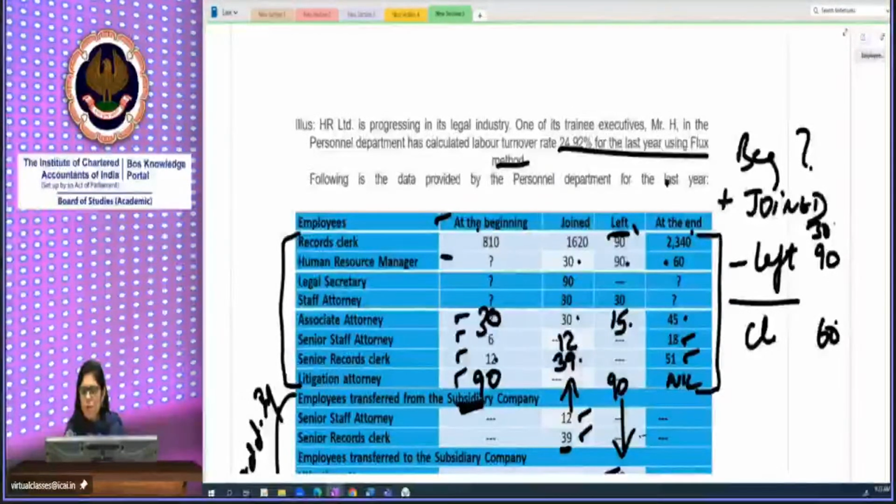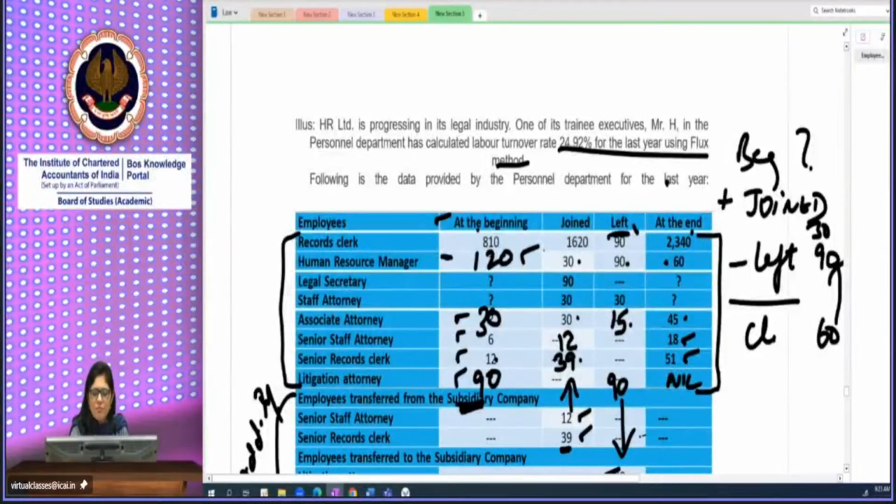So move from bottom to up. 60 plus 90 minus 30. How much does it come out to be for HRM? Again, 180, 150, 120. It has to be 120. So 120 plus 30 is 150. 150 minus 90 is 60. So it has to be 120, not 180 or 150. All right. It should be 120.